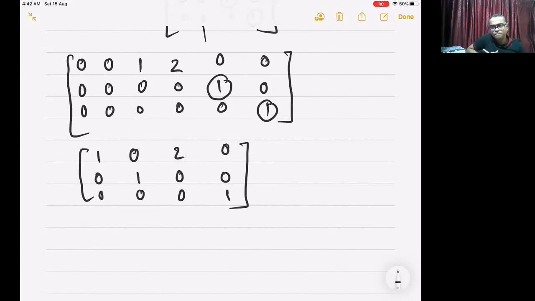Is that all right? Now, once we have row reduced, what we need to notice is the following.